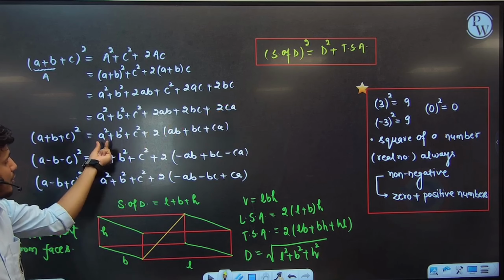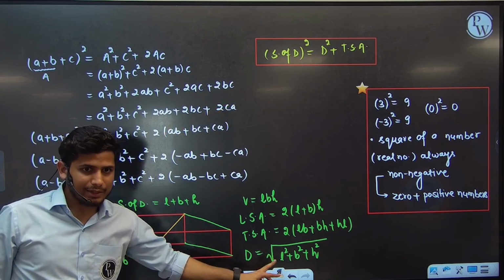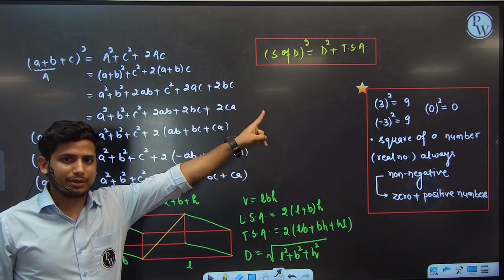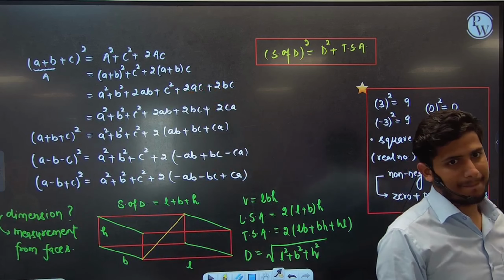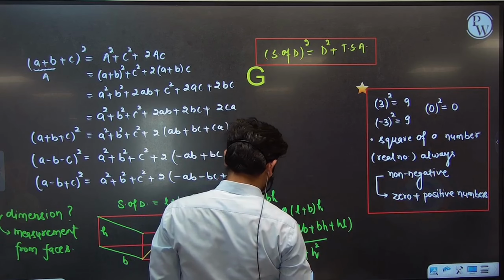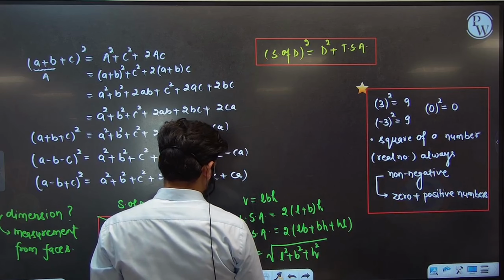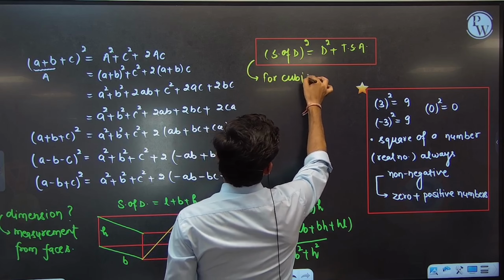And here L square plus B square plus H square is the square of the diagonal. So D square, and sum of dimensions whole square is equal to D square plus TSA, okay, for a cuboid.